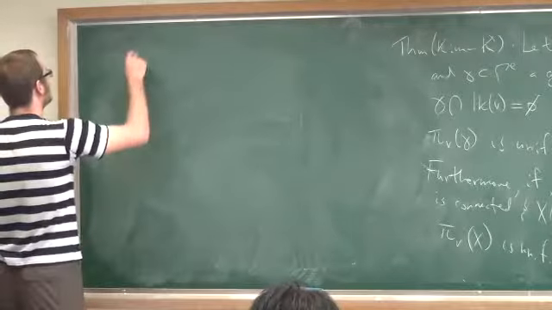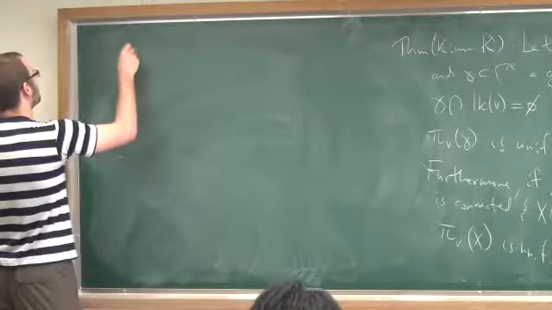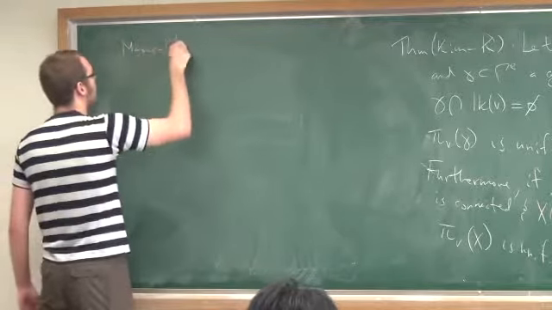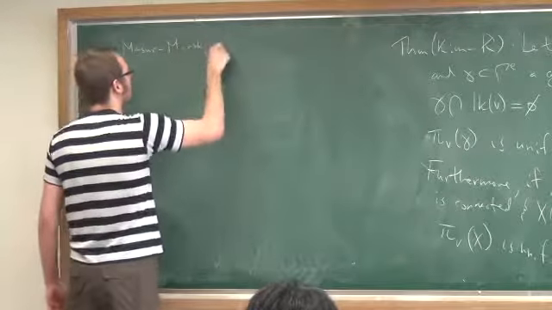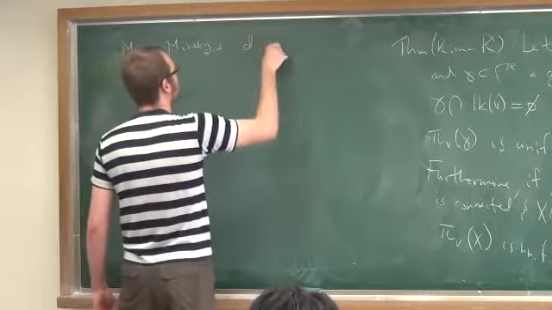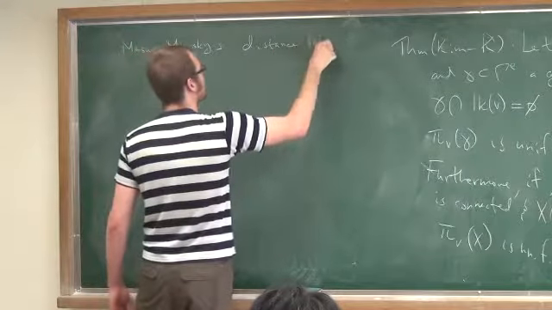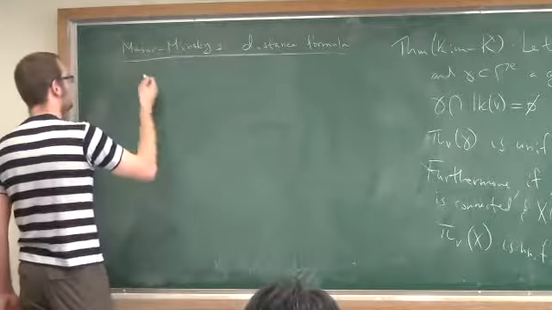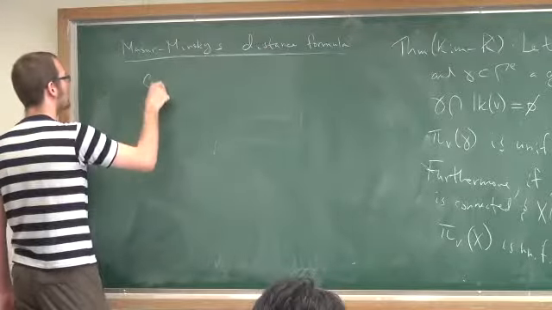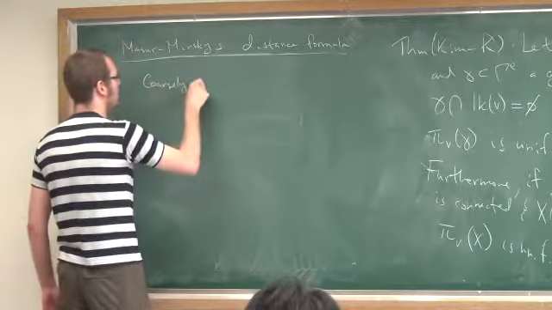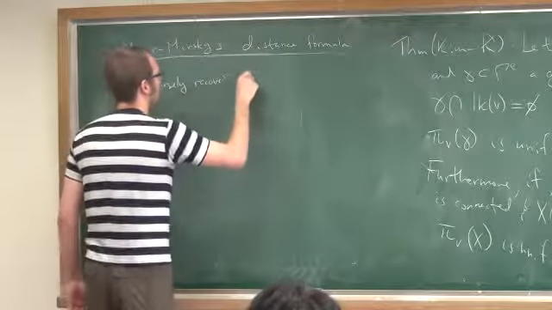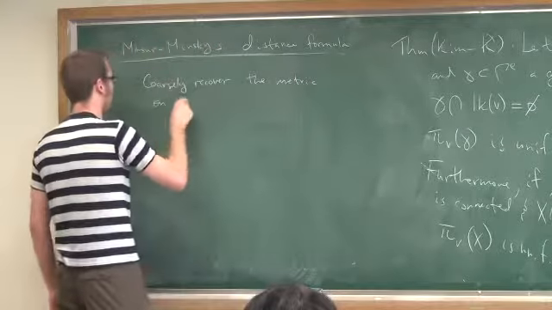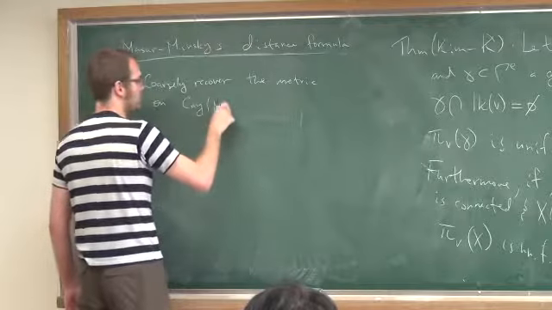Okay, so what Mazur and Minsky proved is a distance formula, and the objective of this distance formula is to coarsely recover the metric on the Cayley graph of the mapping class group.